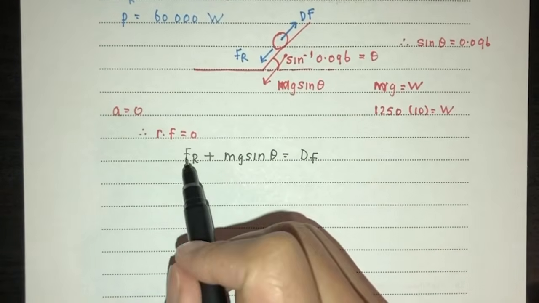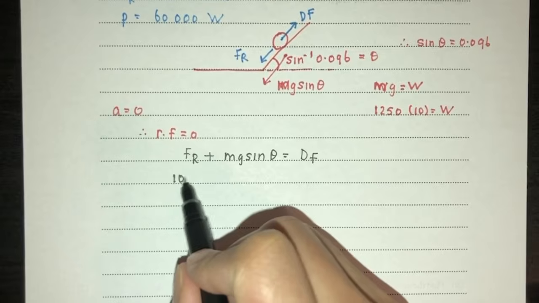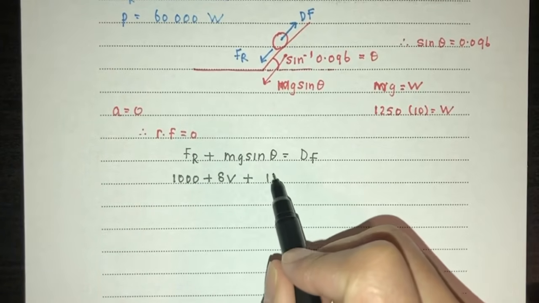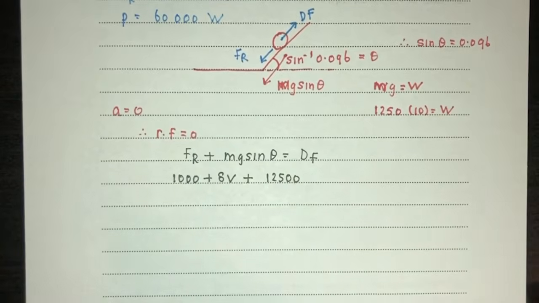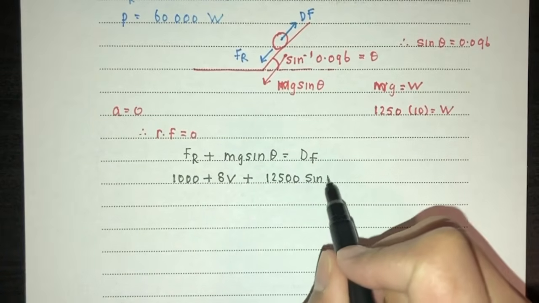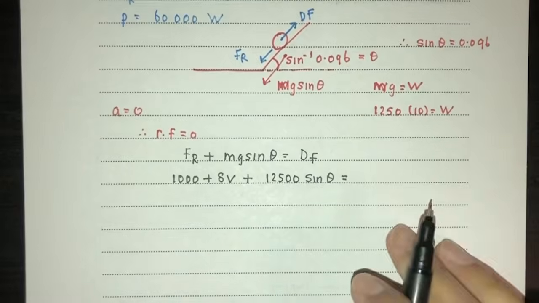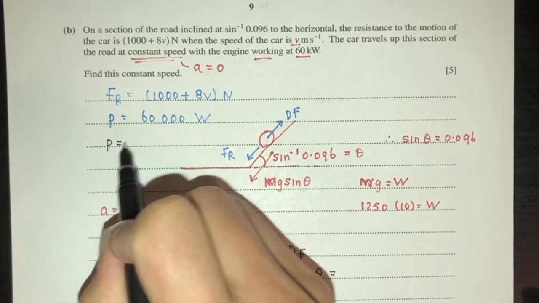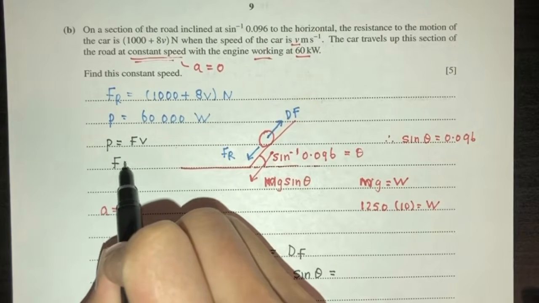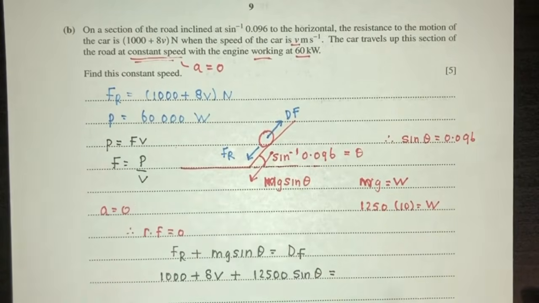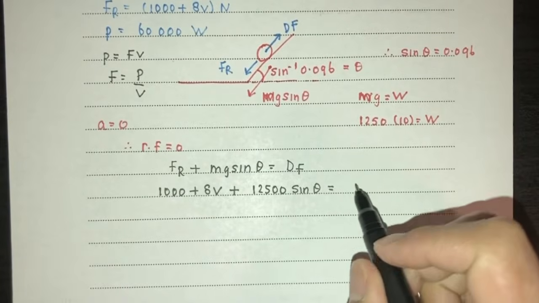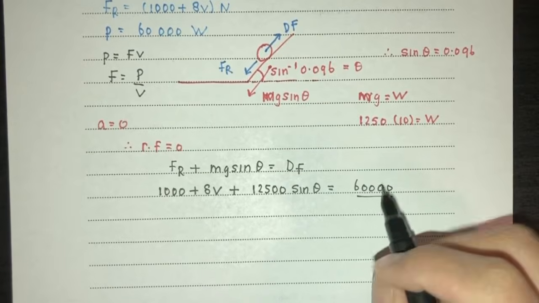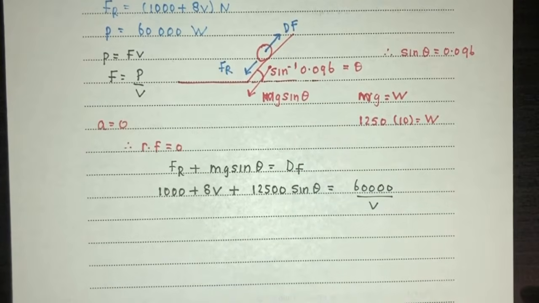So replace. Fr is given to you by 1000 plus 8v, and this is 1250 times 10 times sine of theta, equal to the driving force, which is given by your power. As you know, power is equal to Fv, so F will be equal to P divided by v. So P is 60,000 divided by v, which we don't know.